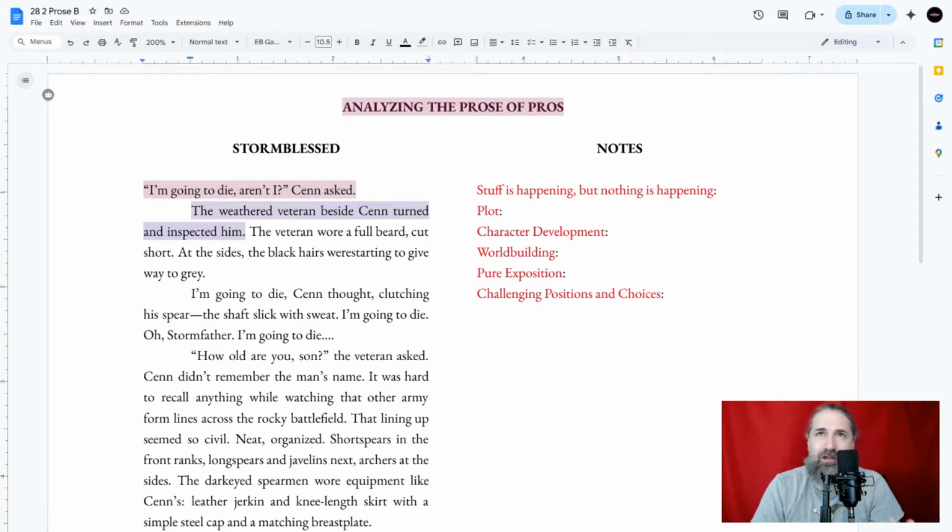So Sen is noticing the weathered veteran turn and inspect him. So this is plot and character development. It is what Sen is experiencing and recognizing. It's what he is looking at, without it saying, Sen looked at the weathered veteran beside him as he inspected him. It is straightforward because it's the POV of Sen.